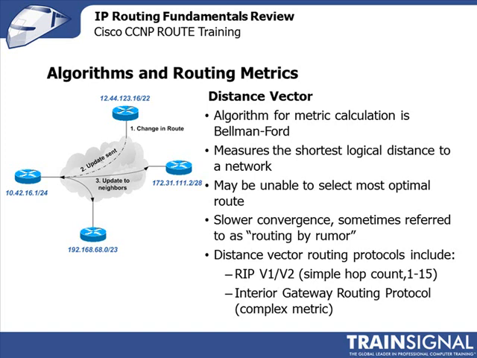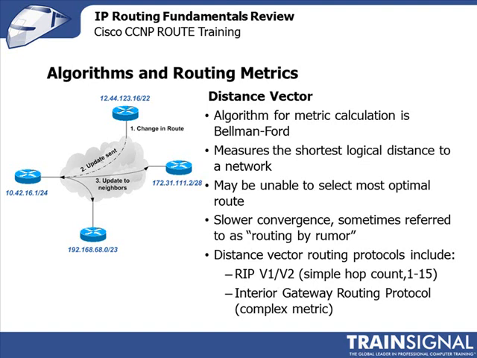And essentially, it measures the shortest logical distance to a particular network. It may or may not be able to select the most optimal route. Frequently, a distance vector protocol will not be able to suggest or choose the most optimal route, simply because it may, for instance, like RIP version 1 and 2, just simply rely on hop count. How many devices away is something?